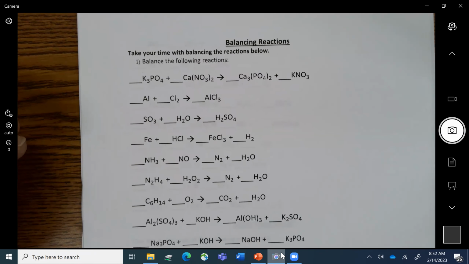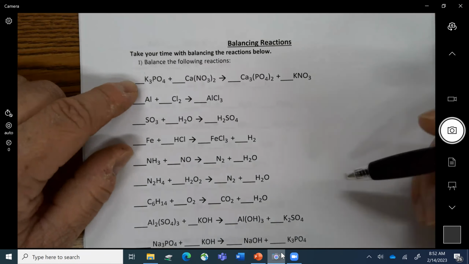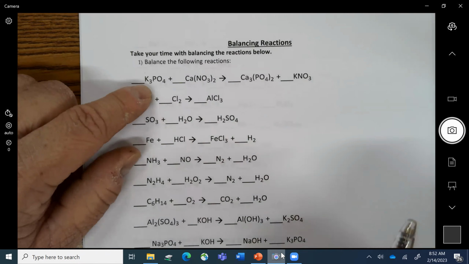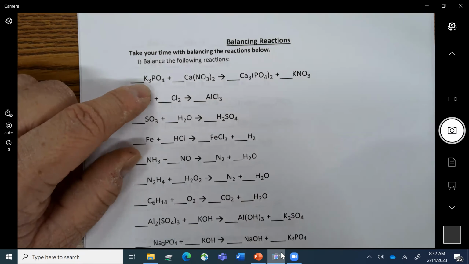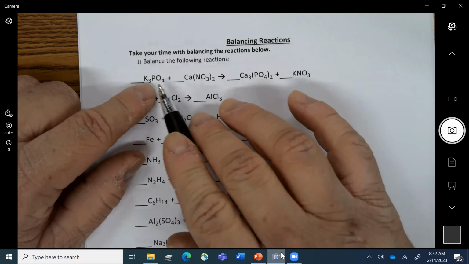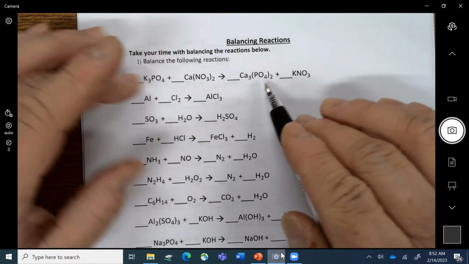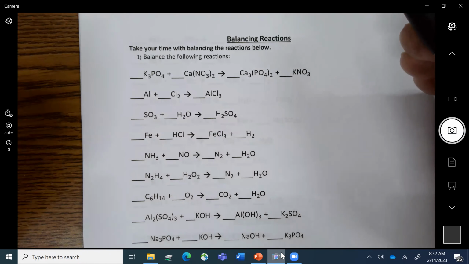So let me talk about the first trick that I was talking about. When you see a polyatomic ion, okay? Polyatomic ions are these big grouped things like here, and they represent an ion.